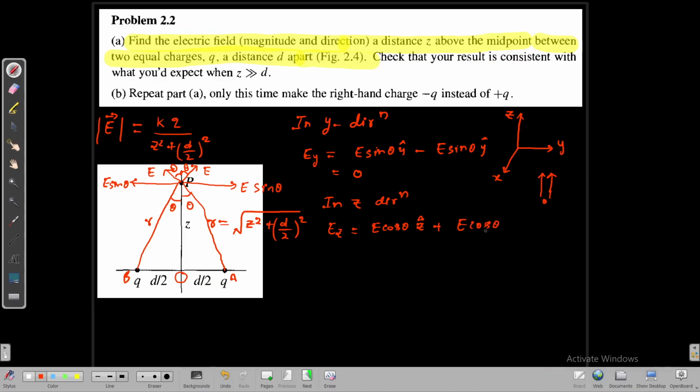Then this will be twice E cos theta z cap. Now, what is cos theta? Let me write it here.